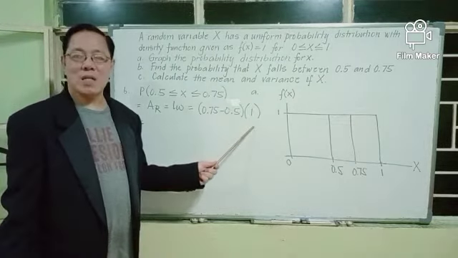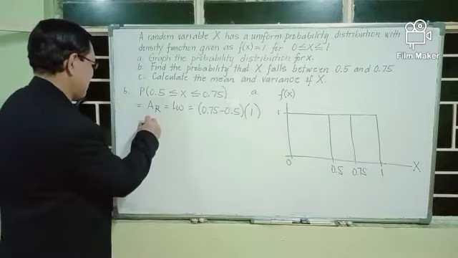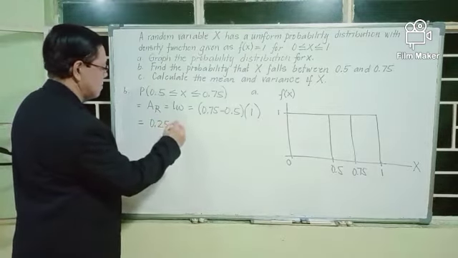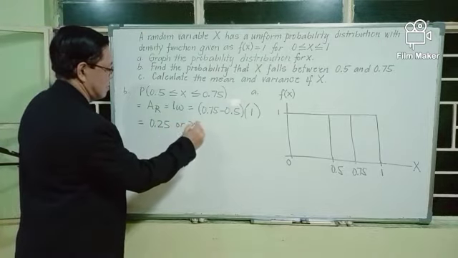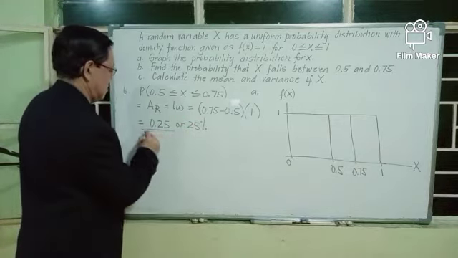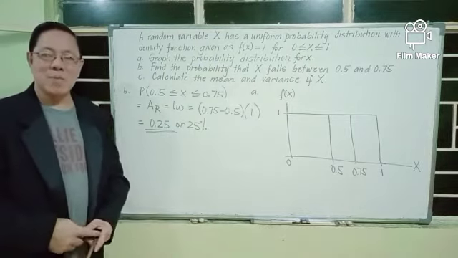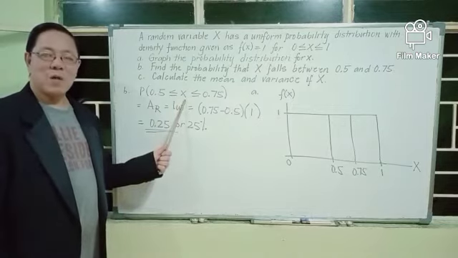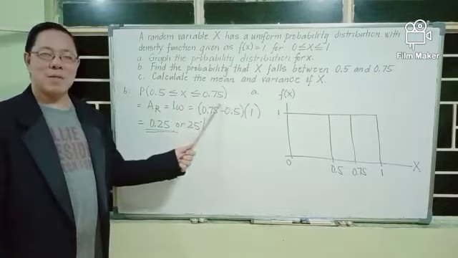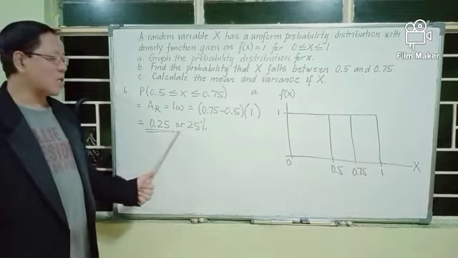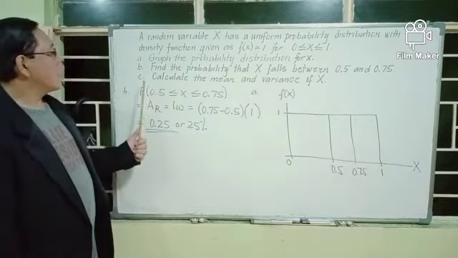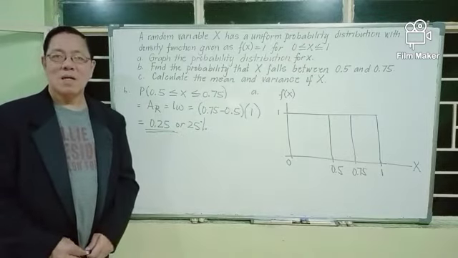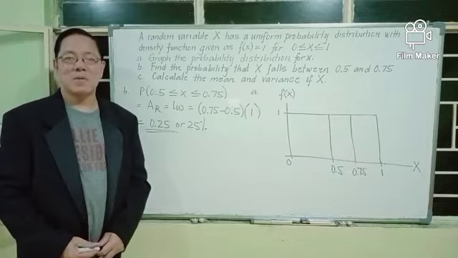Multiplied by 1, we get 0.25. Hence, the probability that the value of the continuous random variable x will fall between 0.5 and 0.75 is 0.25 or 25%.